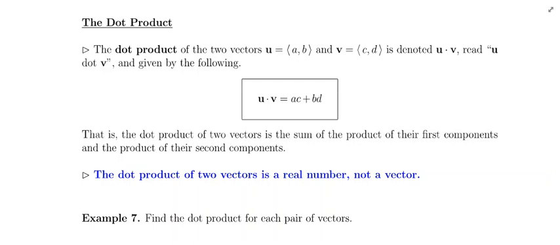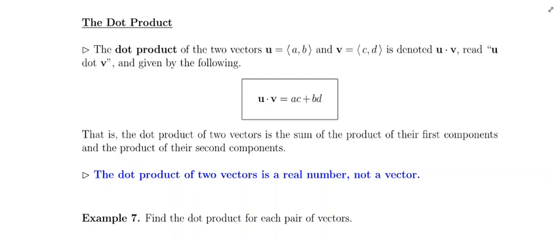By multiplying by that number, it's affecting the length of the original vector. The dot product is performed between two vectors and the result is a scalar, or a number. So that is a big difference.